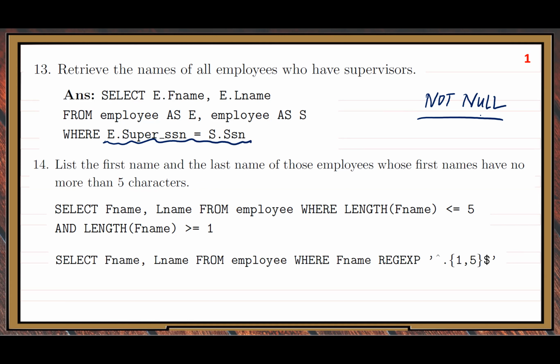You start your string with any character and you repeat this many times between 1 and 5, 1 comma 5. So that's another way you can do it.